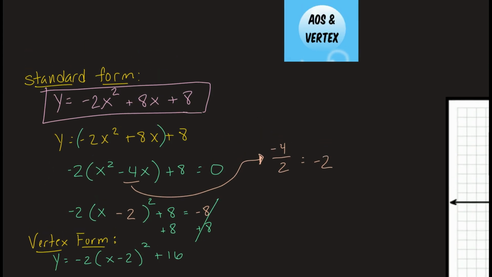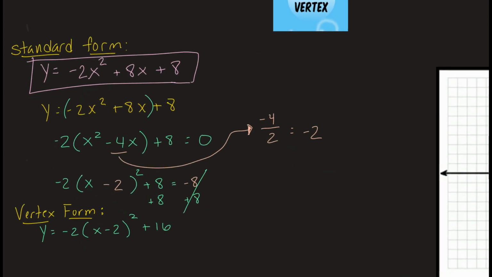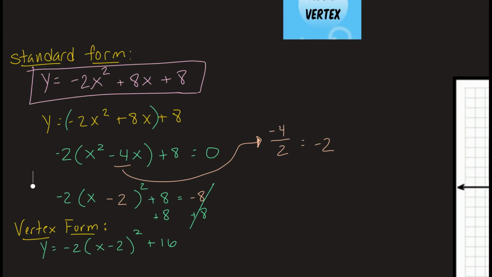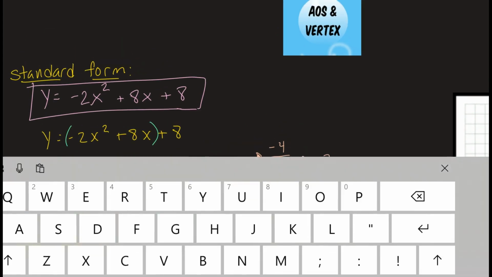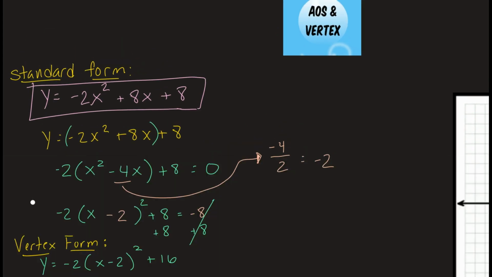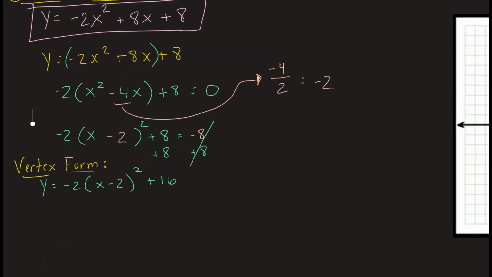Now, the reason they have you converting from standard to vertex form is because you cannot easily find the vertex in standard form. When you're looking at the standard form, it's just in ax squared plus bx plus c form. It doesn't easily showcase the vertex, but vertex form does.